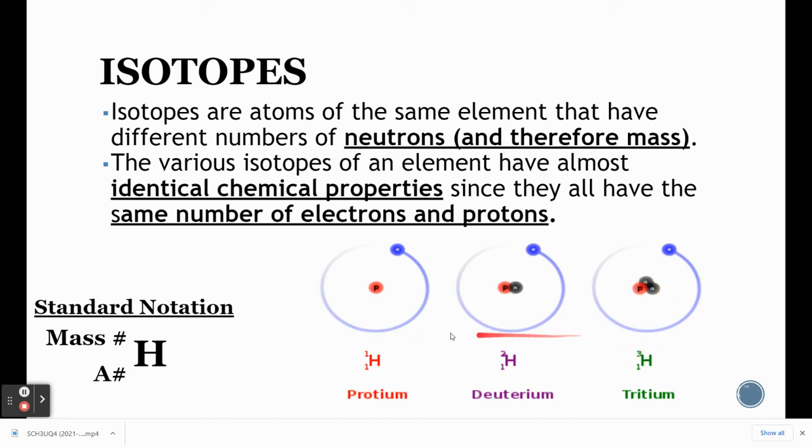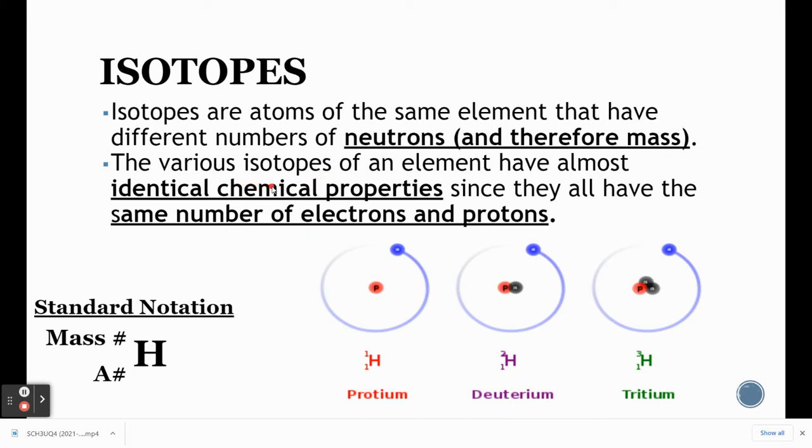So isotopes are essentially the same element, but different versions of the same element. By different versions, we mean that they have different masses, and those different masses are because they have different numbers of neutrons. For the most part, the isotopes of an element have almost identical chemical properties.